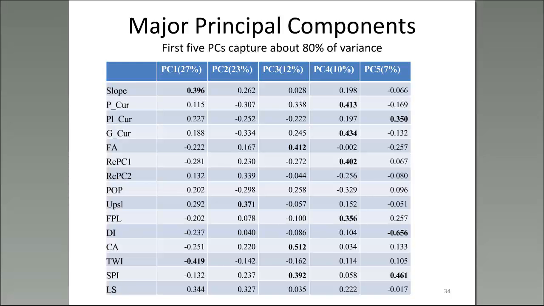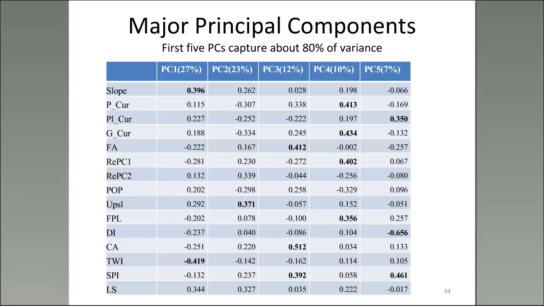So this just shows you the loadings associated with the different landscape parameters associated with the first 5 principal components. The first 5 principal components account for 80% of total variance in the covariance space.